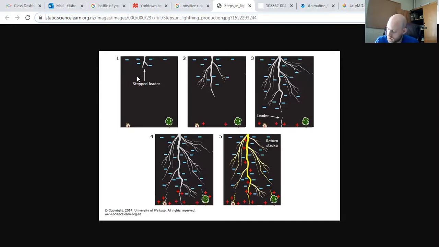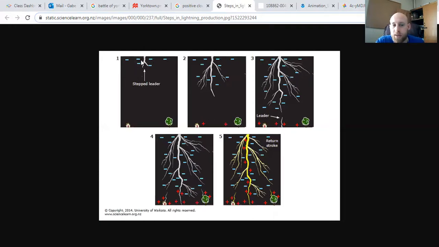It's a negative charge stream going towards the ground because the ground is positively charged, and it has jerky movements, as we see. It's not a straight line down. At the same time, we have a positive stream coming up, which is called a positive streamer.